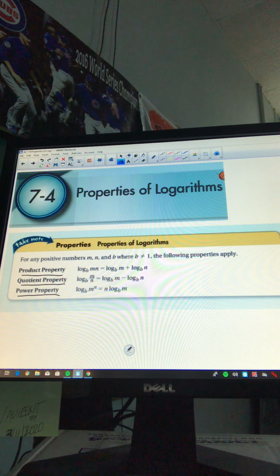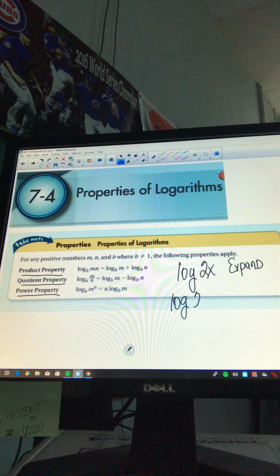So for example, using the product property, if I have the log of 2x, and I wanted to expand that, I can rewrite it as the log of 2 plus the log of x. Because 2 times x converts to log of 2 plus the log of x according to the product property.